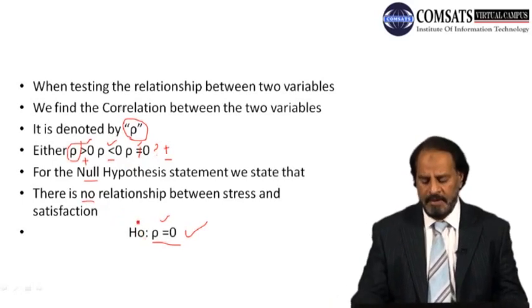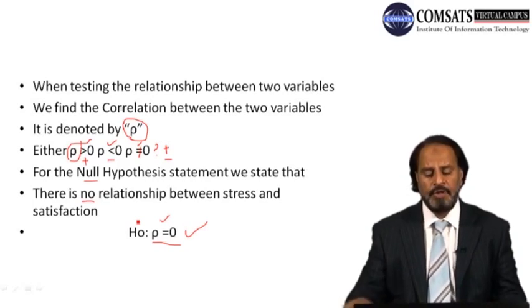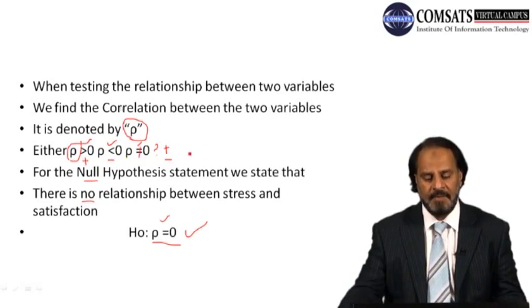While considering the notations for hypothesis statements, especially in the case of relationships, we use the notation rho. We say rho is greater than 0, rho is less than 0, or rho is not equal to 0 to indicate alternate hypothesis statements.